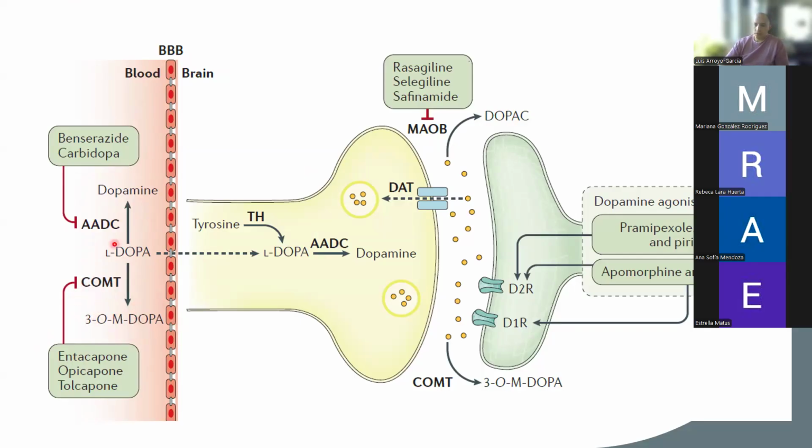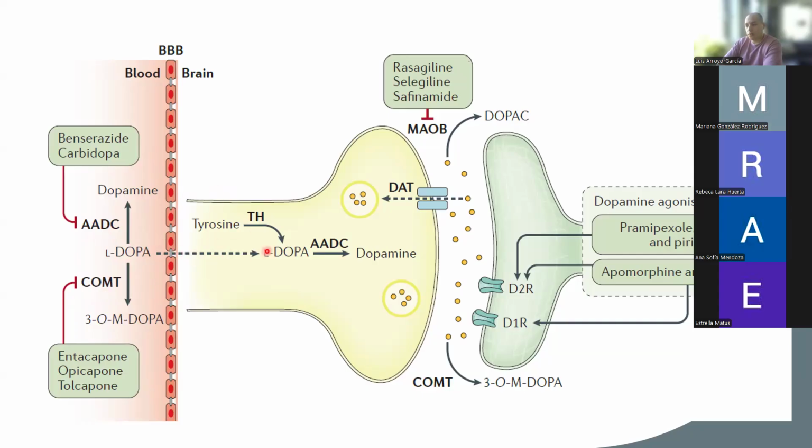So we can do different things. If we use these drugs, we can avoid that enzyme working, so we will have more L-DOPA, levodopa, in our system. If we use these drugs as well, we're going to have more levodopa to bring to the brain.